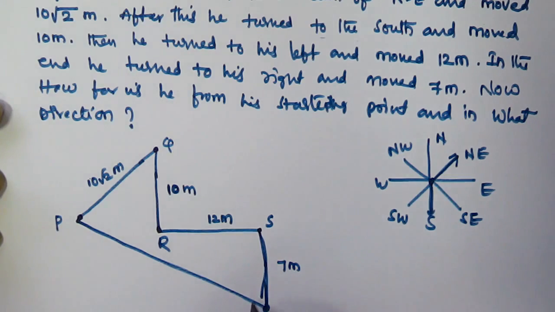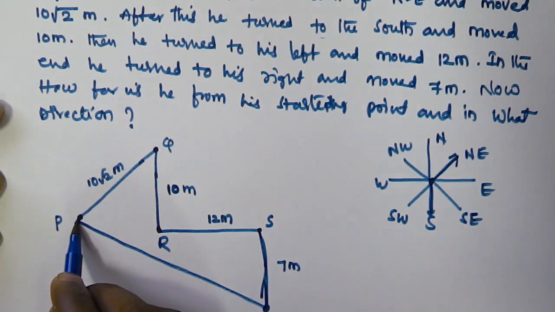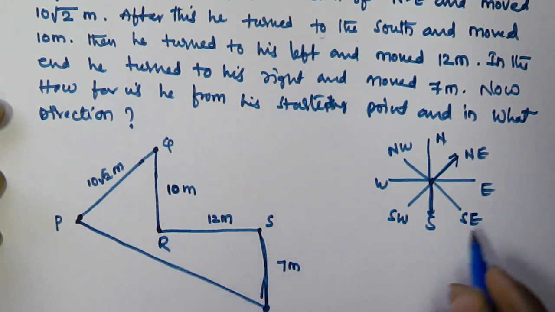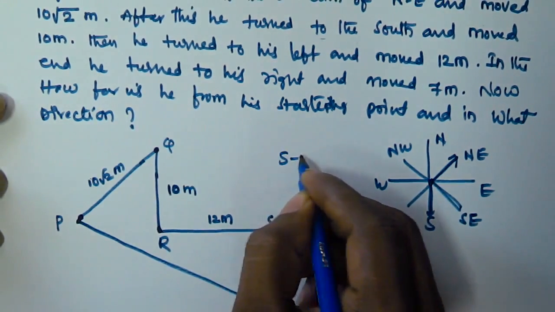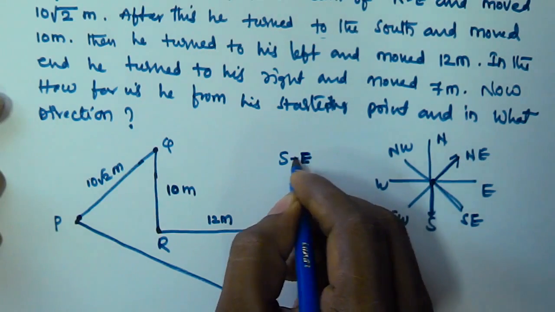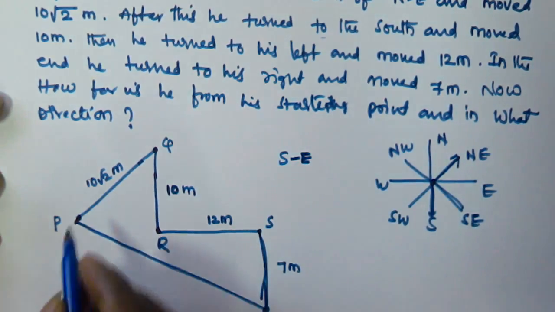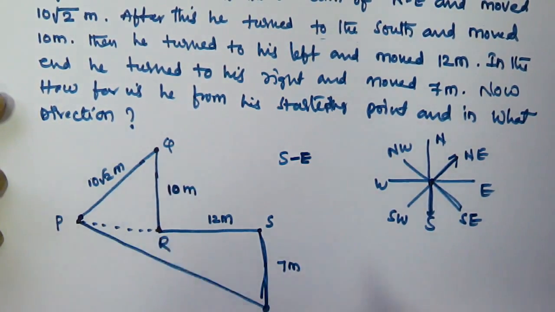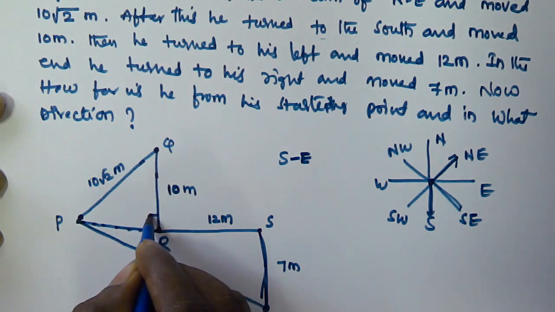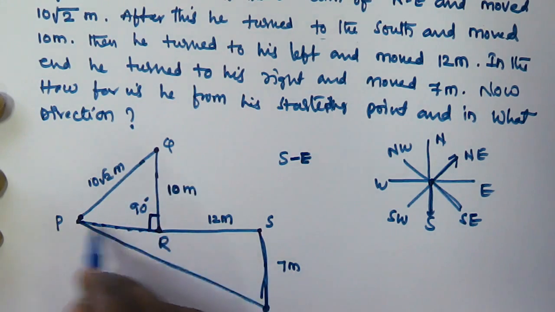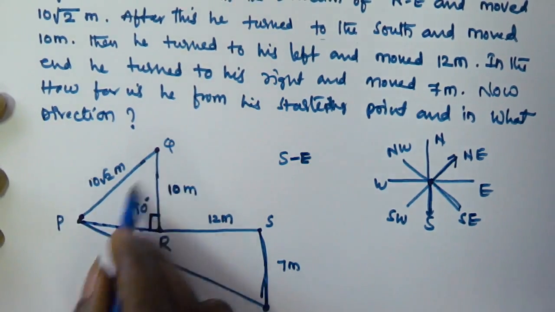Now in which direction is he? If this is the starting point, he is in the southeast direction. Now we have to find the distance he traveled, so I will connect this. If you observe, this is 90 degrees, so it is a right angle triangle.